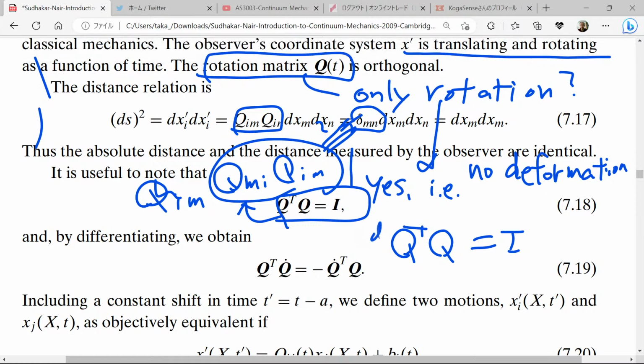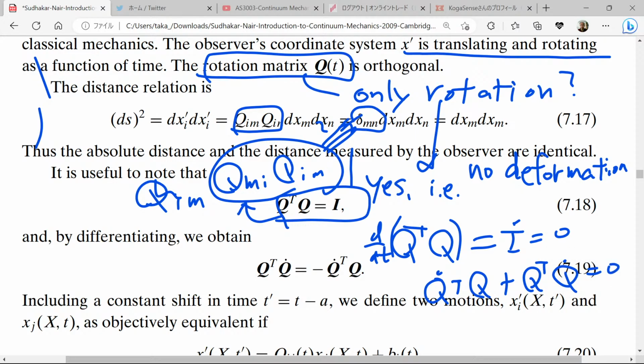So if you take d/dt, this is 0. So Q transpose dot Q plus Q transpose Q dot equals 0, including a constant shift in time.